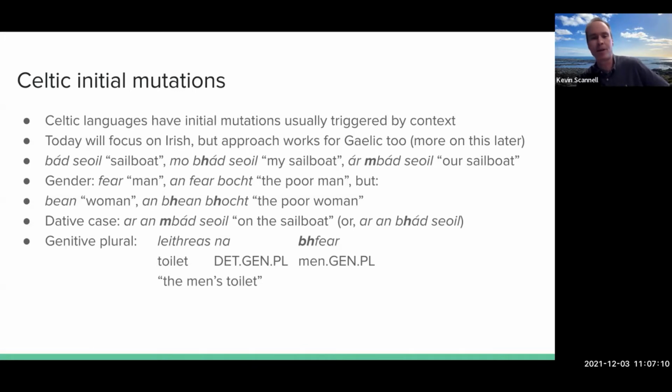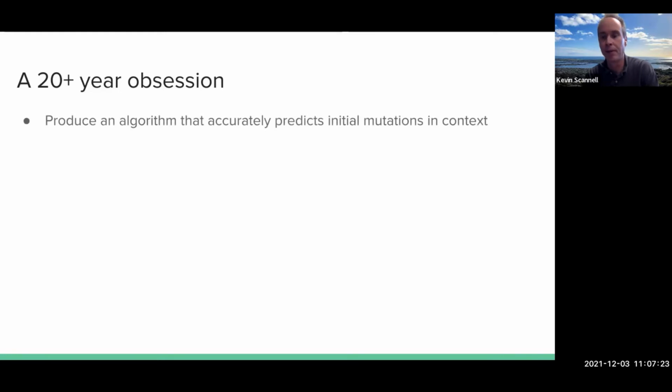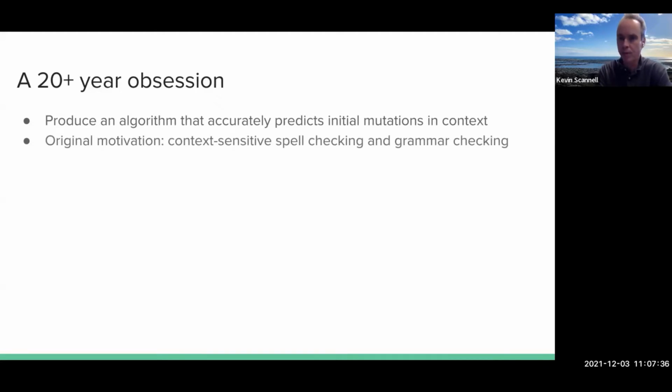But what I really want to talk about is computational models. This is something I've been more or less obsessed with since I started thinking about computational tools for Irish about 20 years ago. The challenge is to produce a computer program that will accurately predict the correct initial mutation in context. The original motivation for this was to produce tools for language learners.